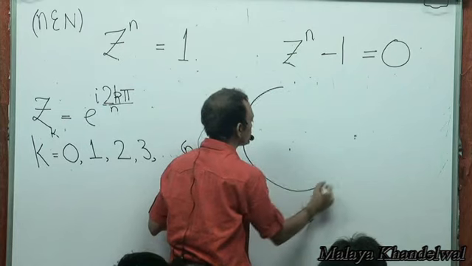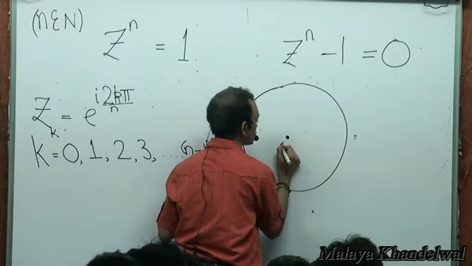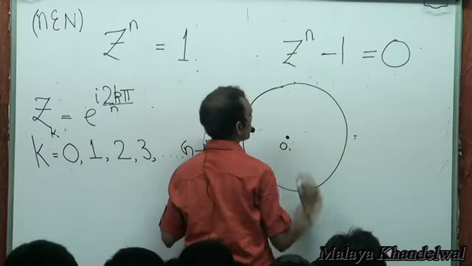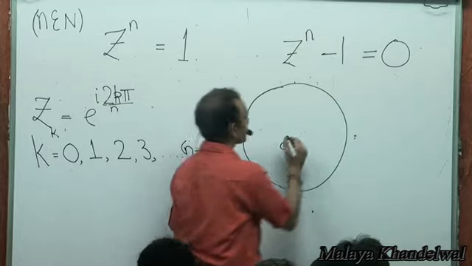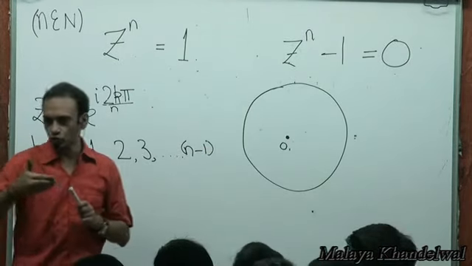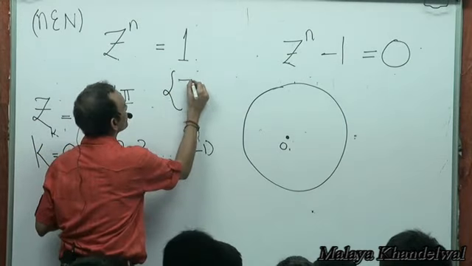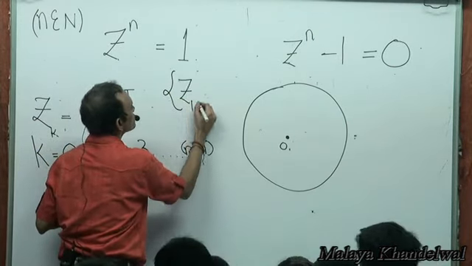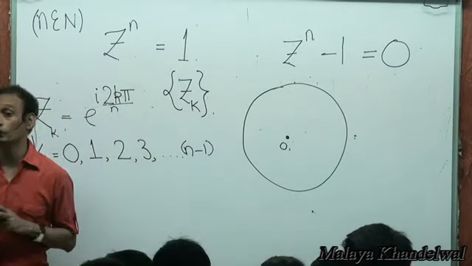So this is a unit circle centered at the origin. This zk for various values of k, 0 to n minus 1, constitutes a sequence zk.